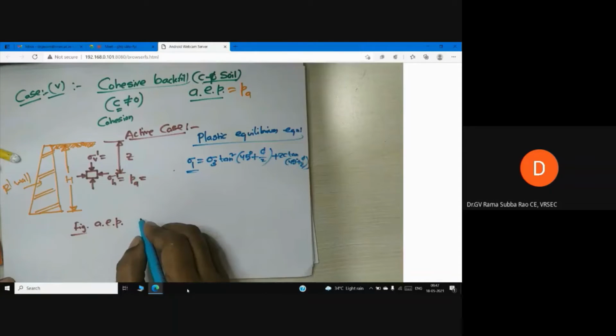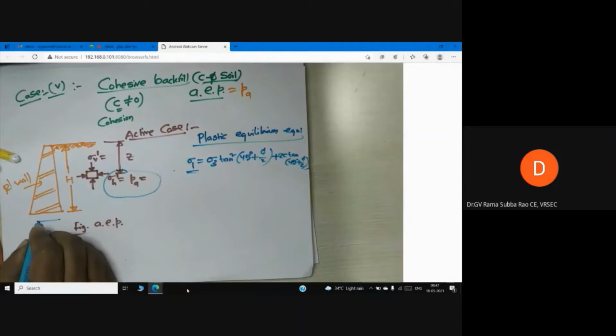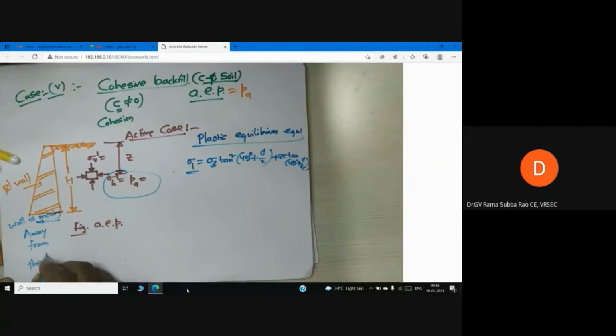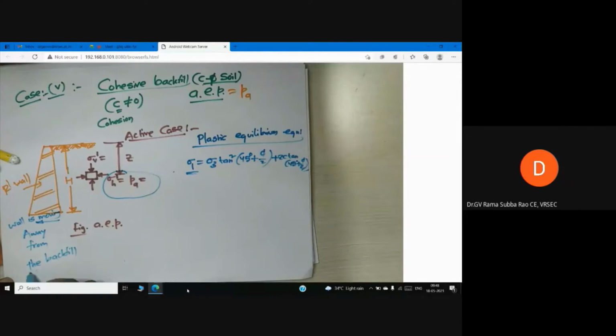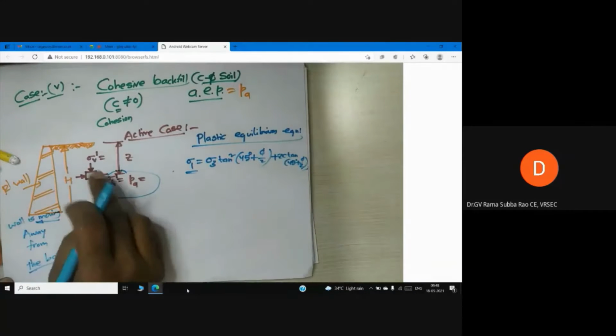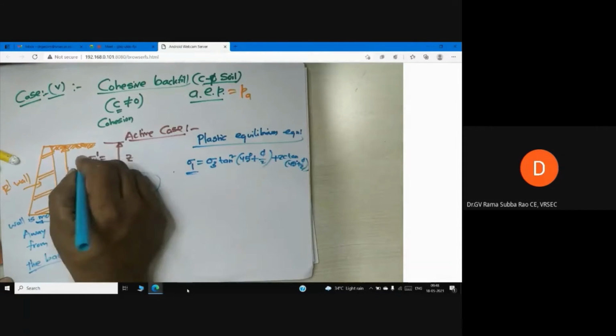In case of active case, when the wall is moving away from the backfill, one can expect that the major principal stress is this vertical stress, which is equal to gamma z.